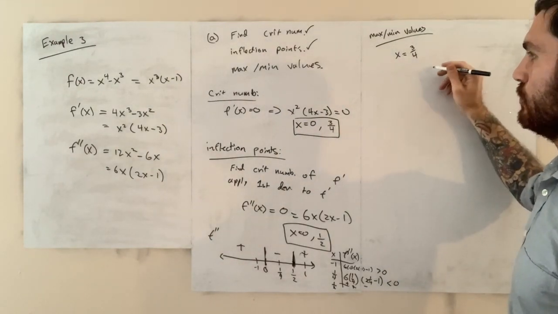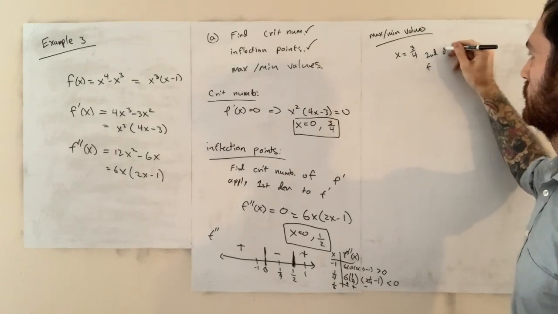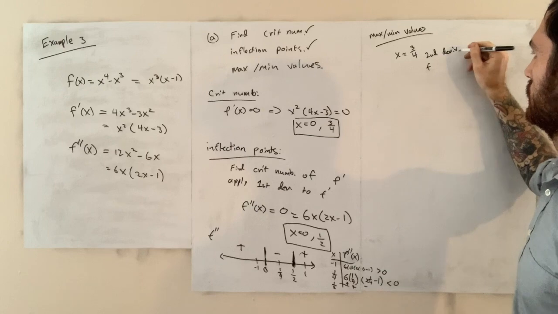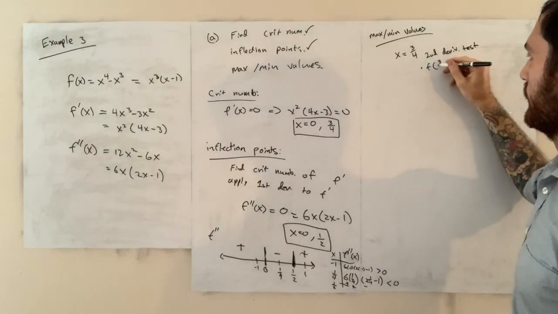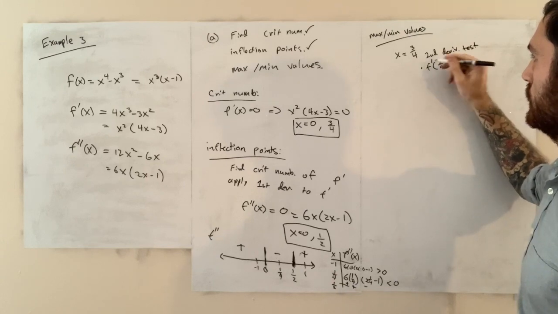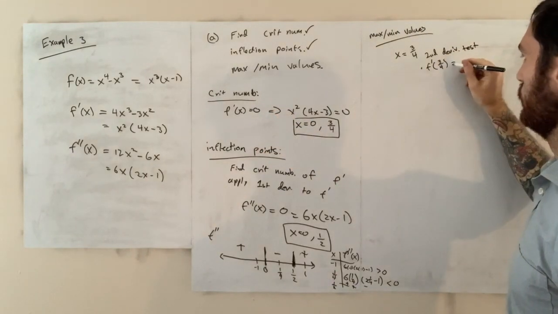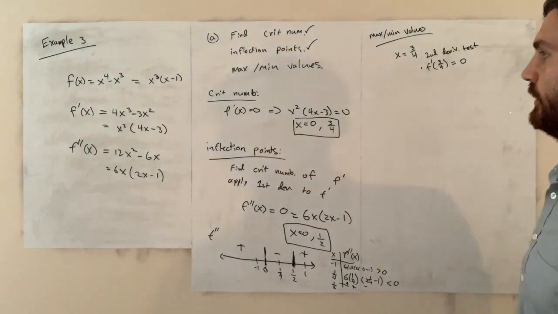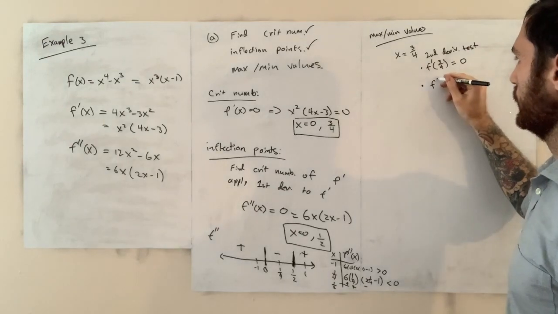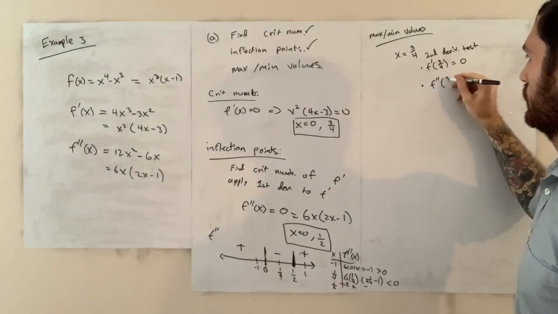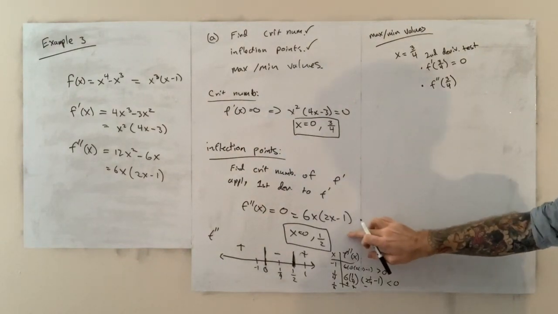Well, if I use the second derivative test, I already know that if I plug in 3/4 to the derivative, I'm going to get 0 because I found that in my critical numbers. Well, what happens when I plug 3/4 into my second derivative?